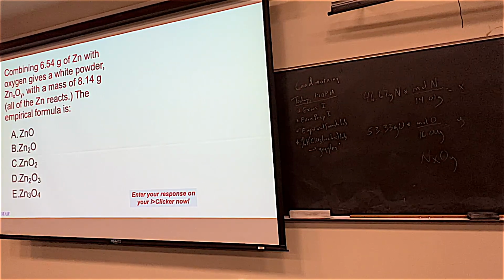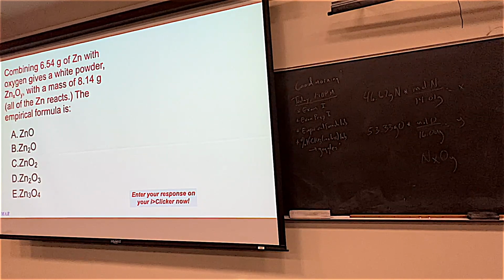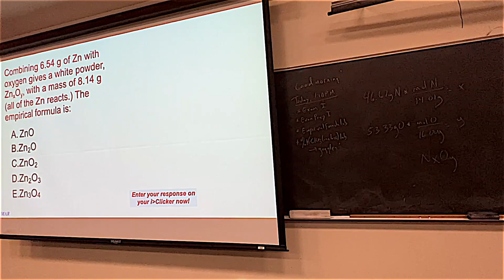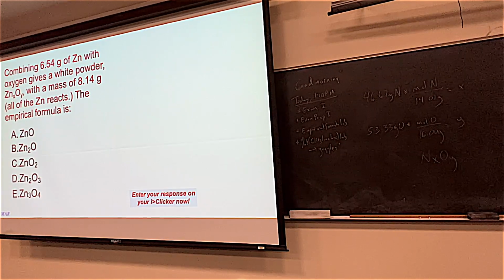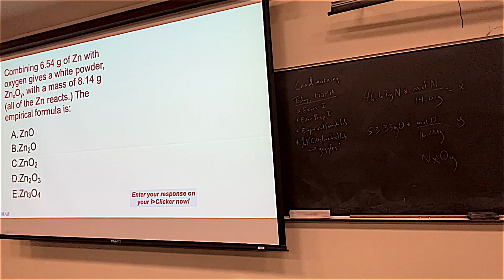Okay, here's a problem that's kind of like what we did in lab last week. We've got a zinc-oxygen compound. We don't know its formula, but we do know that 6.54 grams of zinc with some oxygen gives 8.14 grams of a zinc oxide compound. We're assuming all the zinc is gone and there's no zinc left.